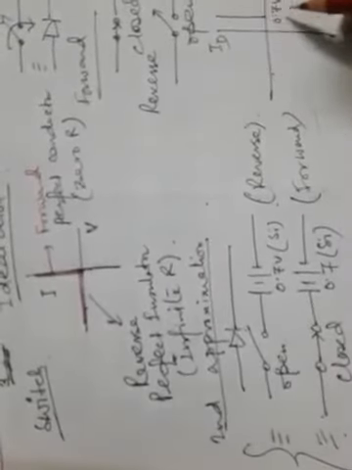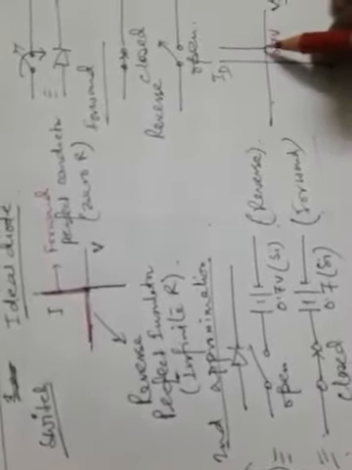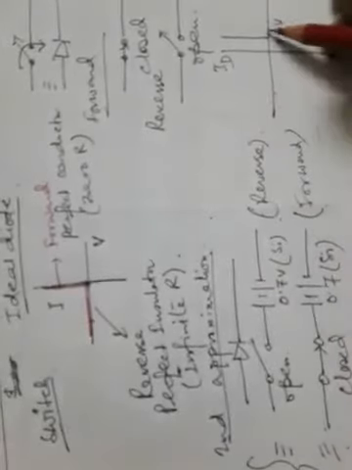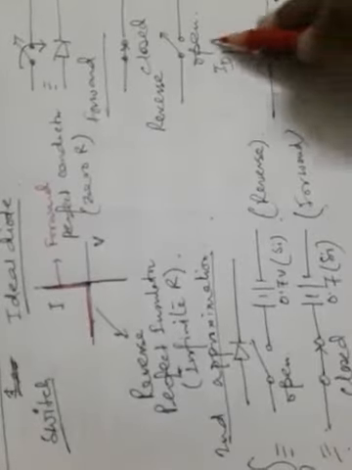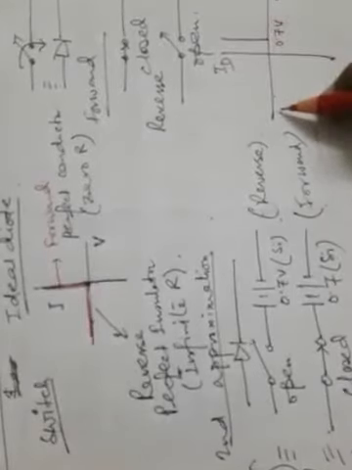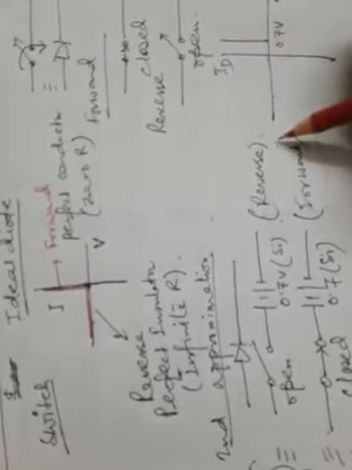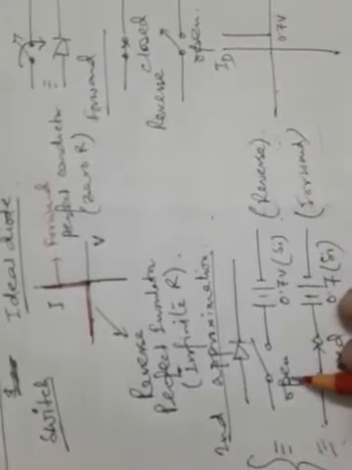So over and above this value of 0.7 volt, the diode will conduct heavily like a perfect conductor, because it is a closed switch of zero resistance, and the current will rise sharply parallel to the positive current axis. Similarly, anything below this 0.7 volt, including the reverse bias region, the negative voltage axis area, the diode will work as a perfect insulator because of infinite R, because of its open switch.